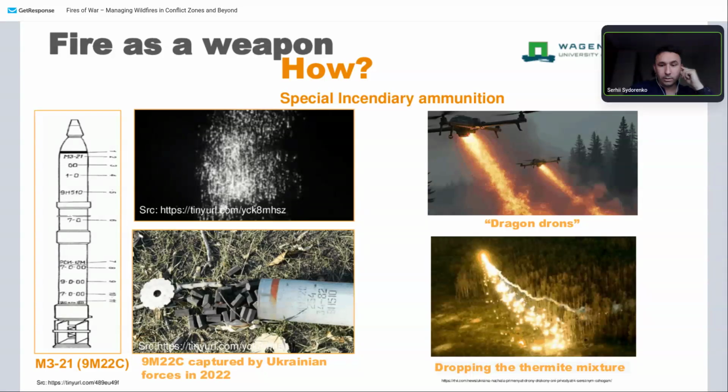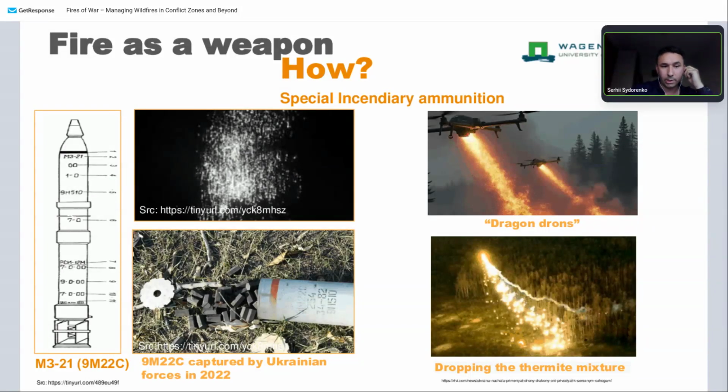And it leads us to how militaries actually use fire as a weapon. First of all, the military has a variety of different kinds of ammunition, and some of it is specially developed to provoke massive ignitions.